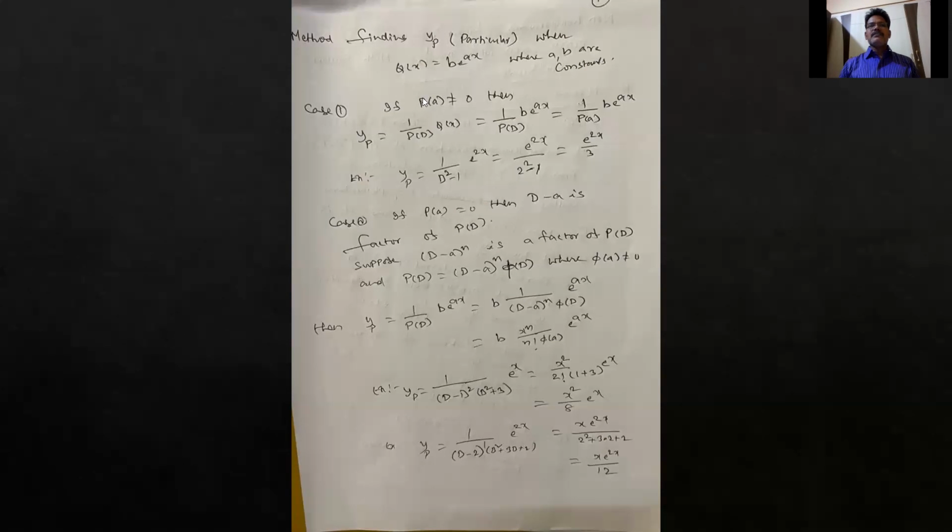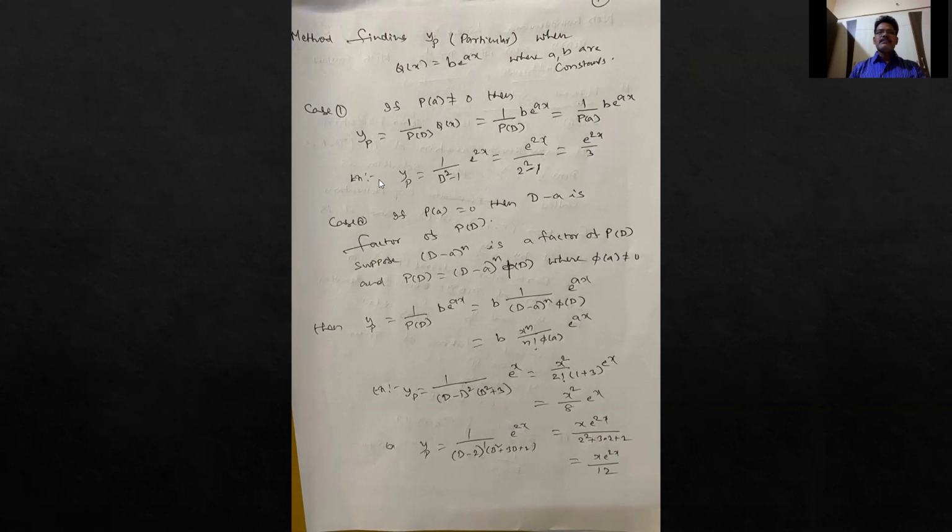In Q(x), first write a in place of D. Case 1: if P(a) is not equal to 0, then yp = 1/P(D) Q(x), that is, 1/P(D) b e^(ax) = b e^(ax)/P(a).